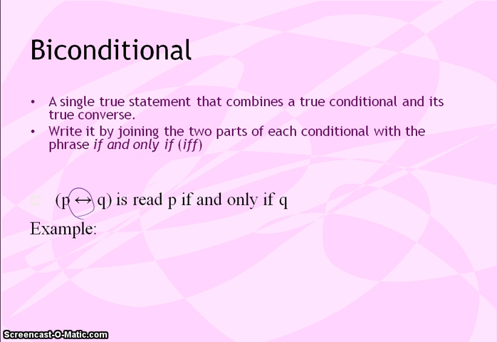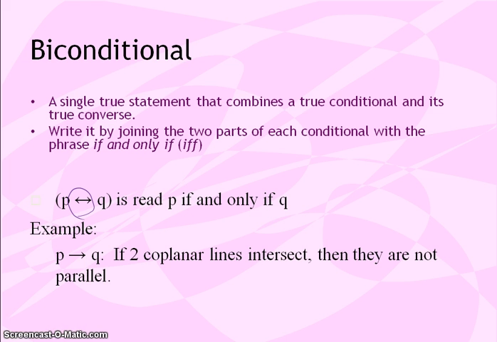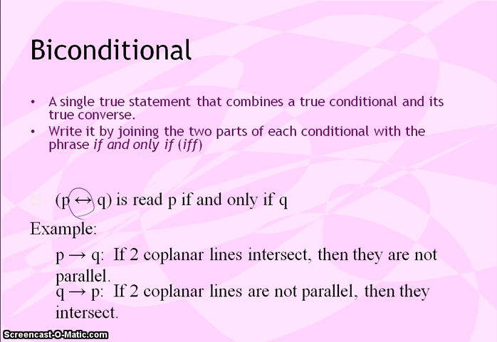So an example of a biconditional is if two coplanar lines intersect, then they are not parallel. So you remember we talked about that. As long as two lines are on the same plane, if they intersect, they are not parallel. And if two coplanar lines are not parallel, then they intersect.